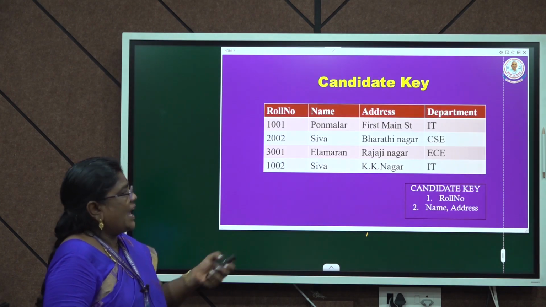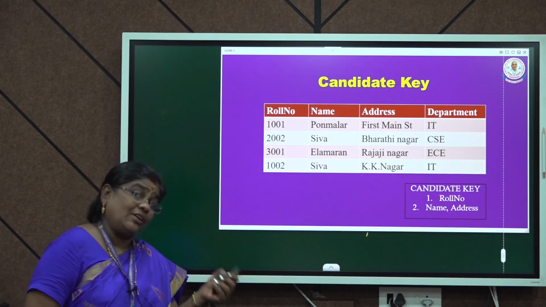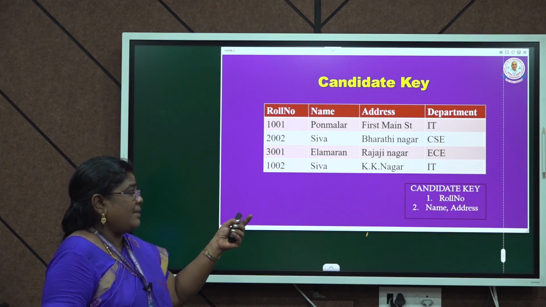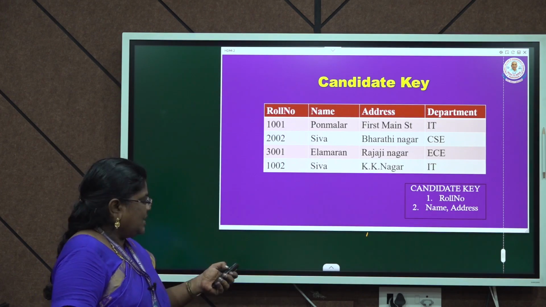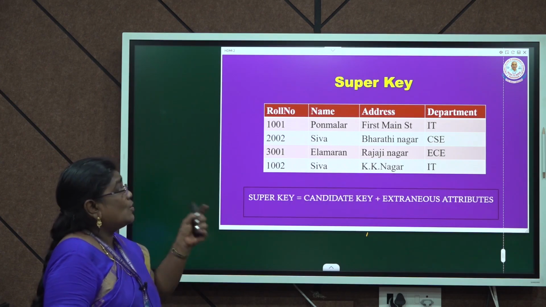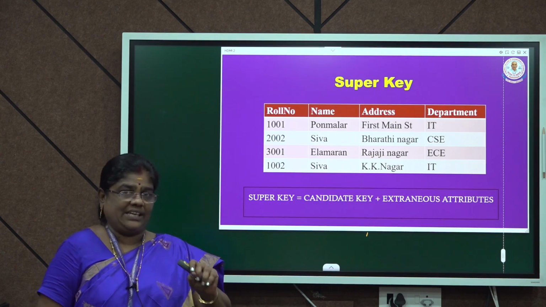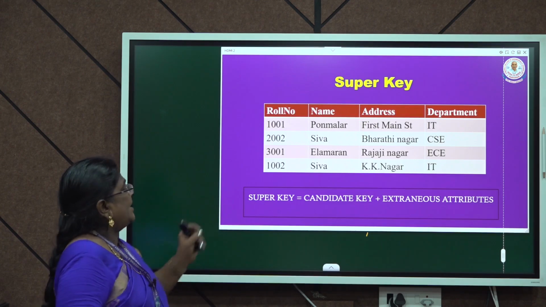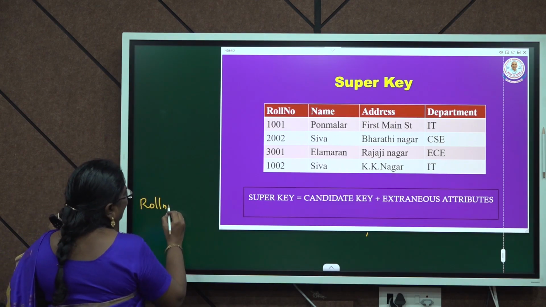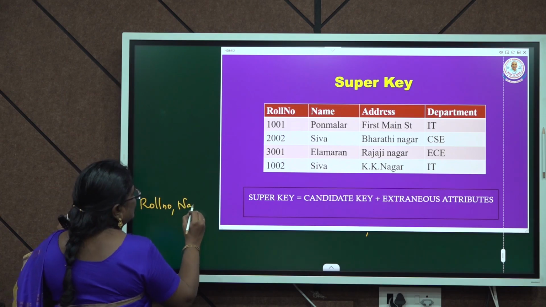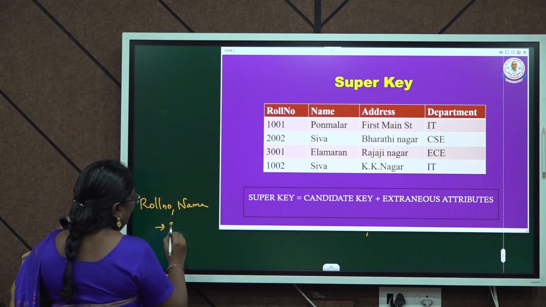Candidate key is roll number, or the name and address. These two candidate keys we have in the table. But what is an extraneous attribute? Roll number alone is a candidate key. If I have roll number, comma, name, then I can say that that is a super key.